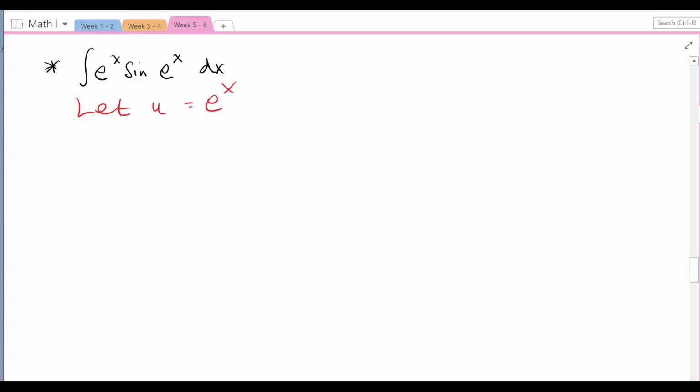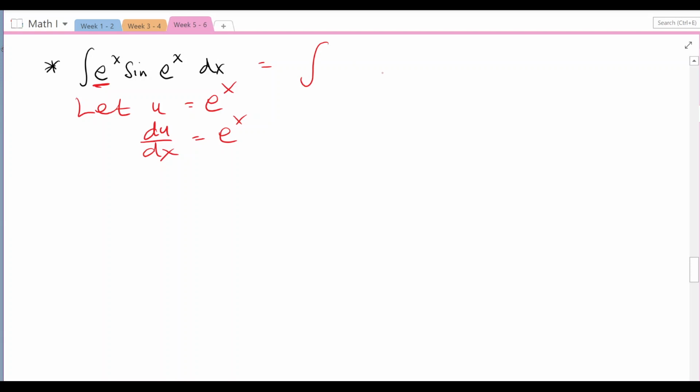The reason is that the derivative of e to the power of x, if you take u with respect to x, is simply the same, e to the power of x, which we already have in our other terms. Don't worry about the sine, because then we can just put sine u. So it looks like we have all the terms ready to be replaced.